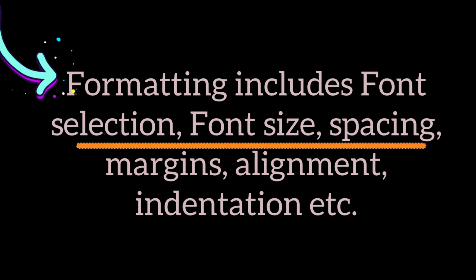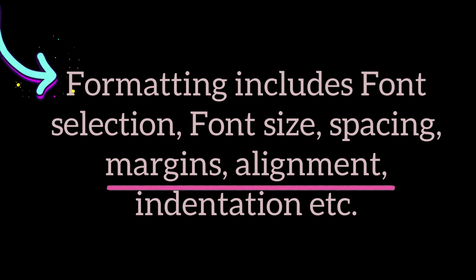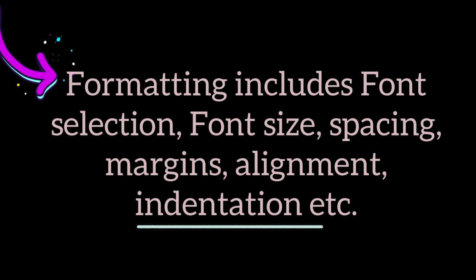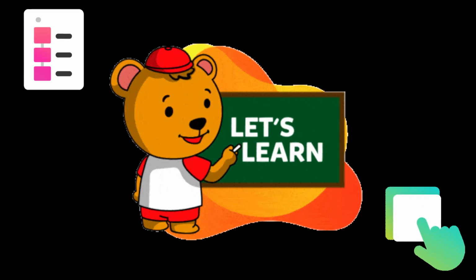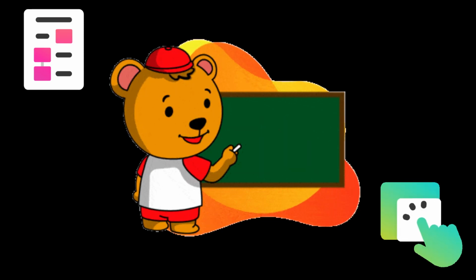It includes the font selection, font size, and presentation like bold or italics, spacing, margins, alignment, column indentation, and many more. So, let's see how to organize or make your Google Sheet more presentable.